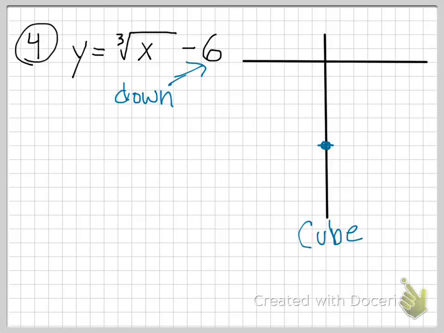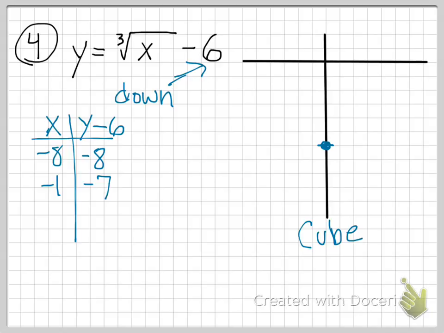If I were to put it in a table, my x's would stay the same. And for my y's, I would subtract 6. My new table would be (-8, -8), (-1, -7), (0, -6), (1, -5), and (8, -4).